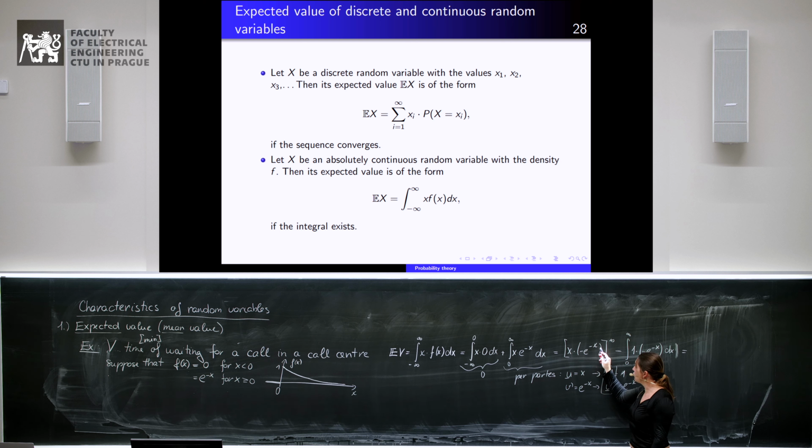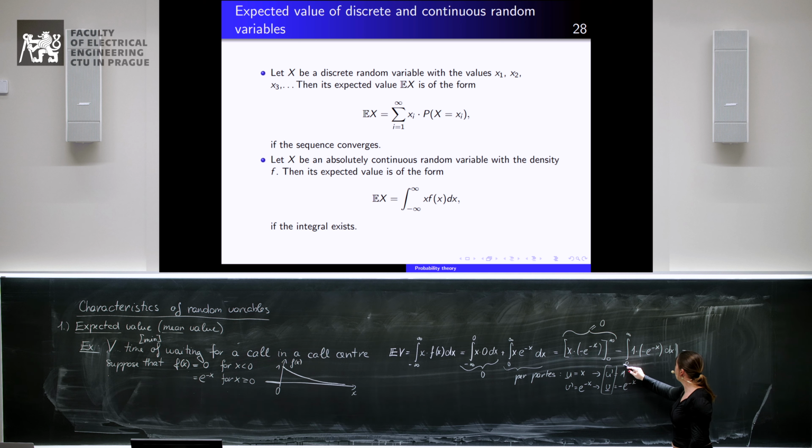So the limit of this function is equal to 0 in the infinity. Therefore, the whole term is equal to 0. Because in 0, we have the term 0 times e powered by 0, so it is 0 times 1, which is equal to 0. In the infinity, the limit of this term is equal to 0.